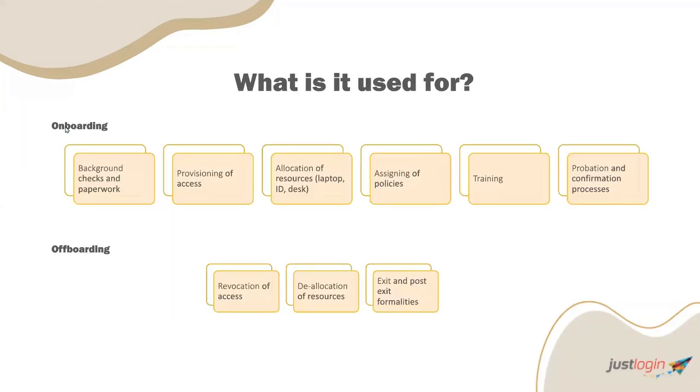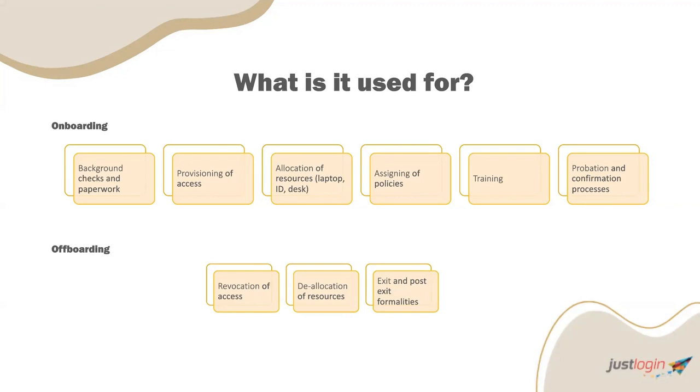So what is it used for? Typically, the onboarding process would include background checks and paperwork, the provisioning of access, allocation of resources such as your laptops, your phones, assigning of policies, and then there's training for employees and the probation and confirmation processes.